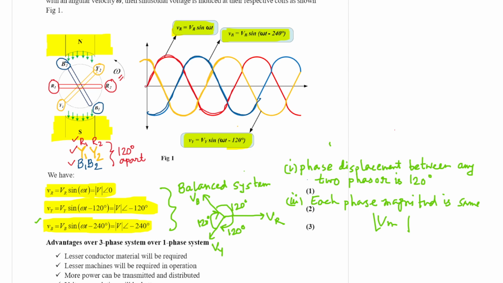Each phase is separated from the other by an angle of 120 degree, provided each has the peak value of Vm. This value is Vm, that is the peak value of the alternating voltage.